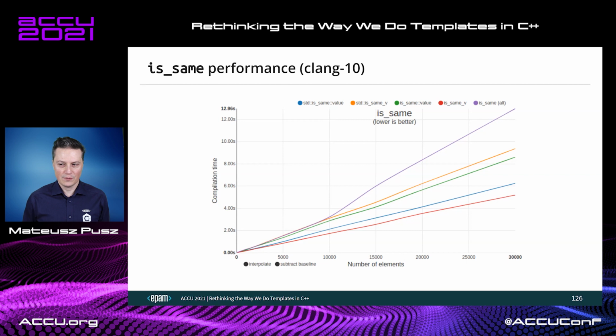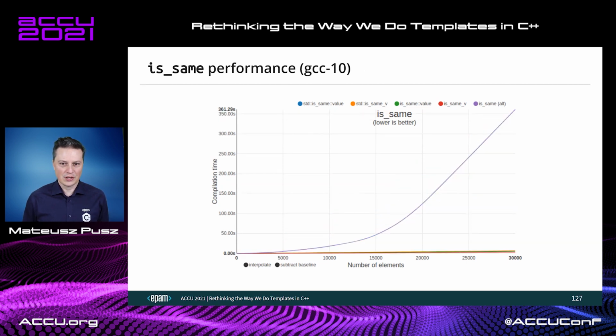And then I measured on GCC and I thought that the compiler hanged. This is what happened on GCC with this implementation. Notice that all other results are here at the very bottom. Always we have to measure what we are trying to get in if you are striving for performance.